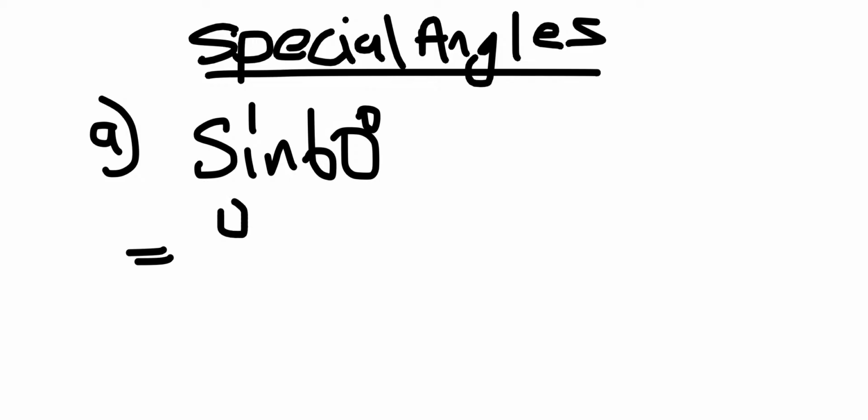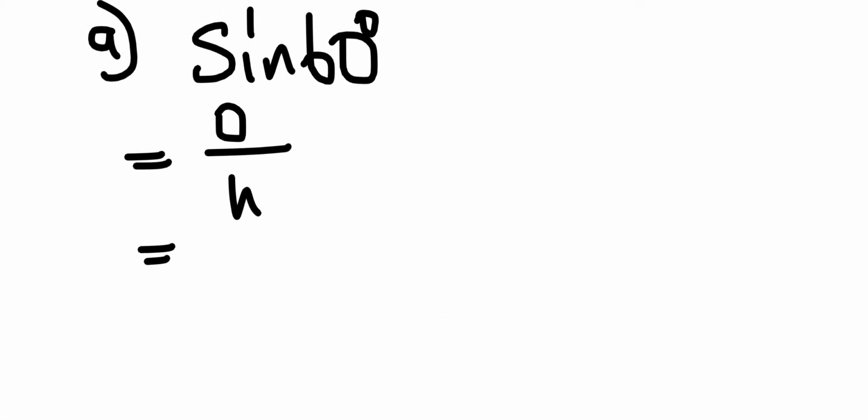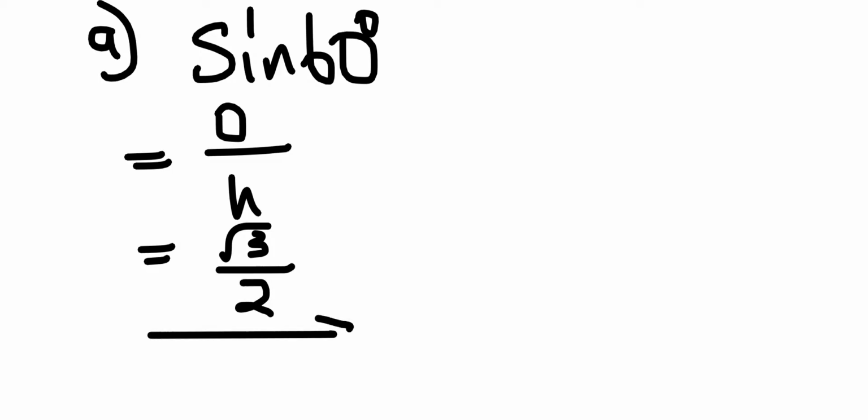The ratio for sine, we know it is opposite over hypotenuse. So what is opposite 60 degrees? I think that is square root of 3. Then what is the hypotenuse? It will be 2, and that should be the end of it. It's not that complicated. It's a straightforward question.